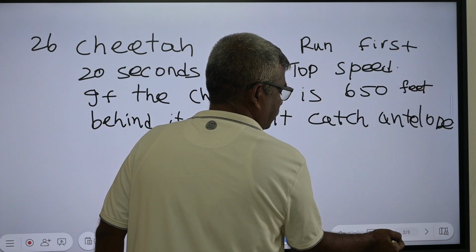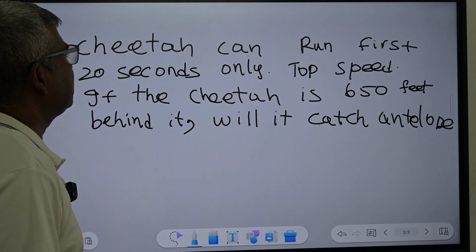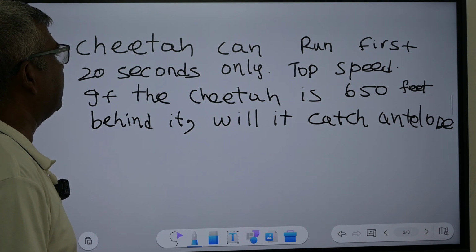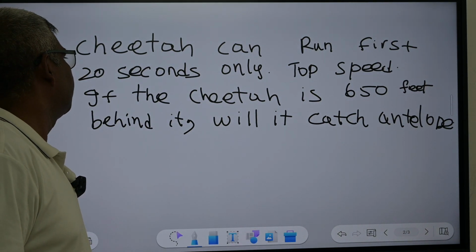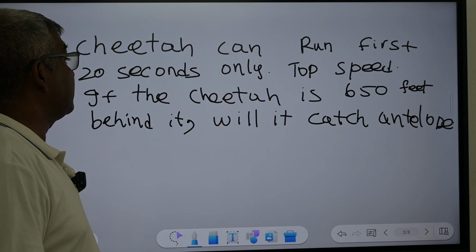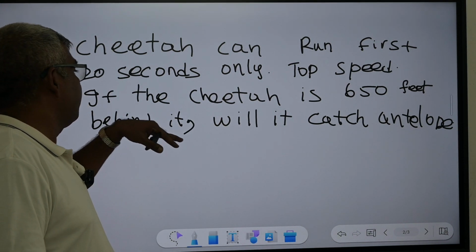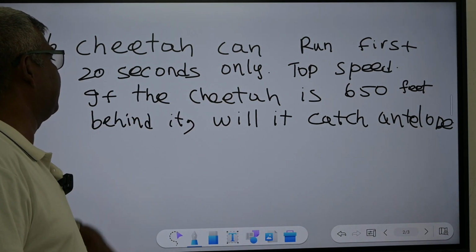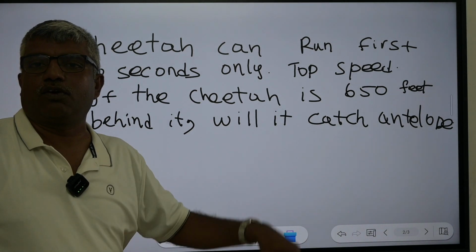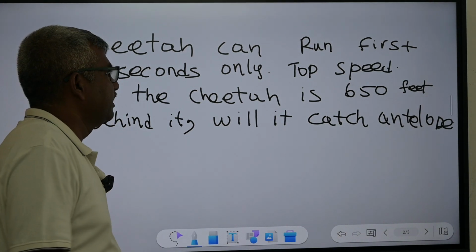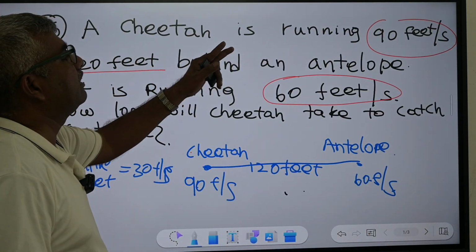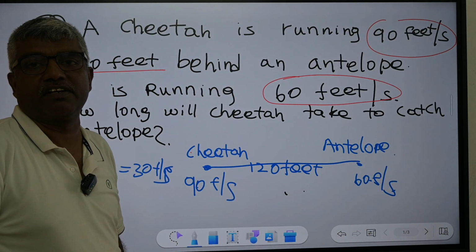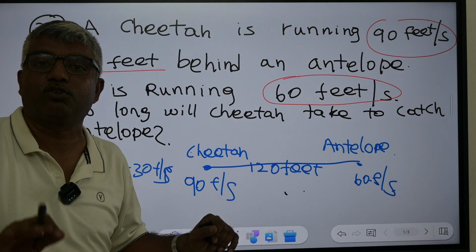Okay. Another question. If the cheetah can run fast, top speed, for the first 20 seconds only, and the cheetah is 650 feet behind, will it catch the antelope? You understand? Okay, so what is the question here? The cheetah is running 90 feet per second, but it can run that fast for the first 20 seconds only.